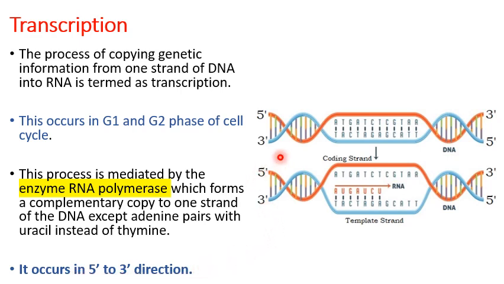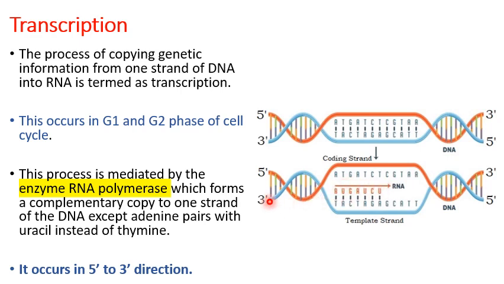So in this diagram, what we see is a double helix, one in 5' to 3' direction and the other in 3' to 5' direction. Now we have an RNA chain which is complementary to one of the strands of the DNA. So obviously transcription also occurs in 5' to 3' direction.